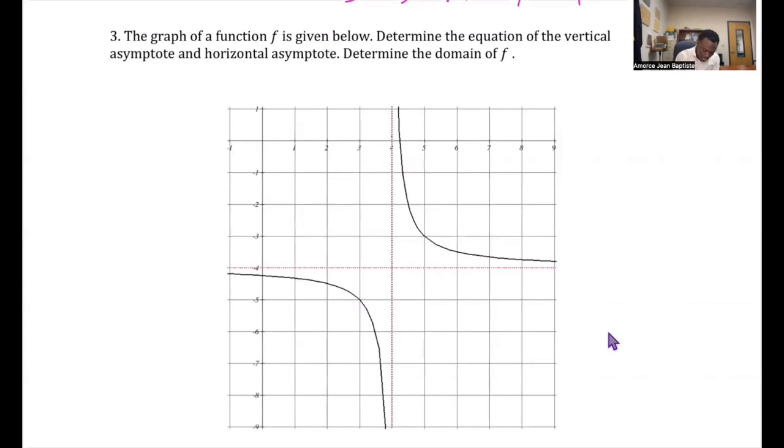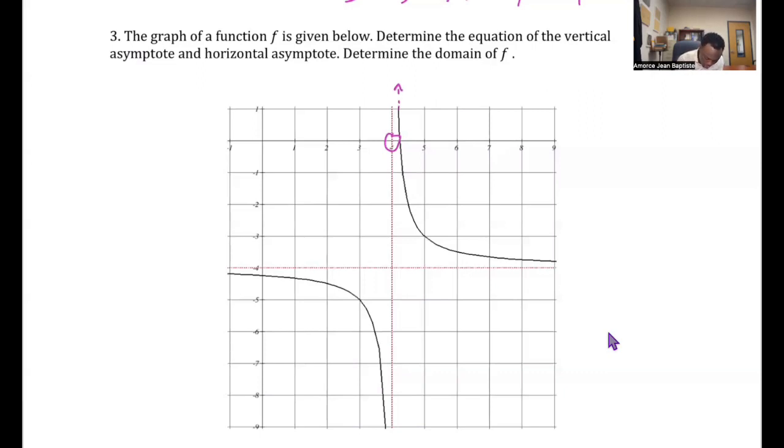Well, x equals 4 is the x value that this dotted line passes through. But also we can see how the function behaves, right? The function increases indefinitely as x approaches this value.